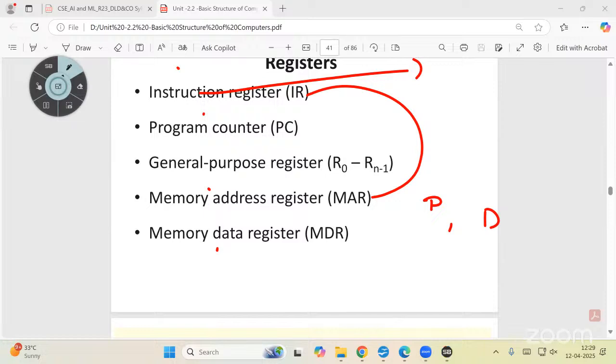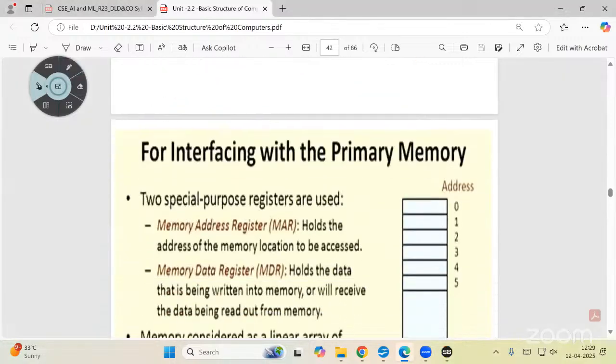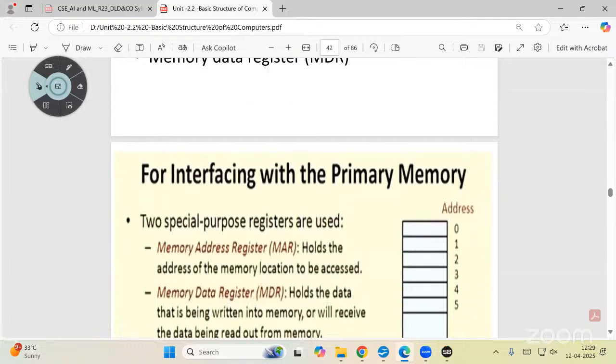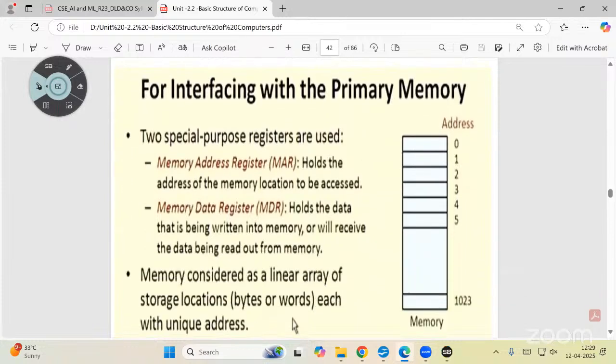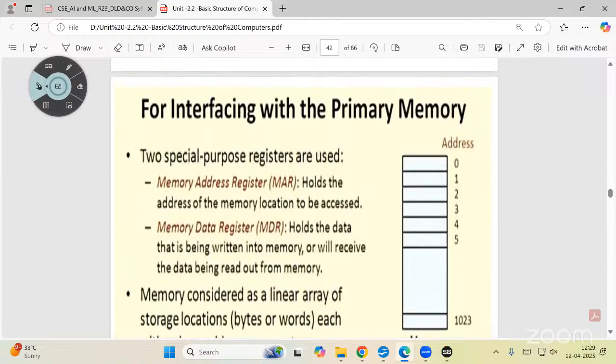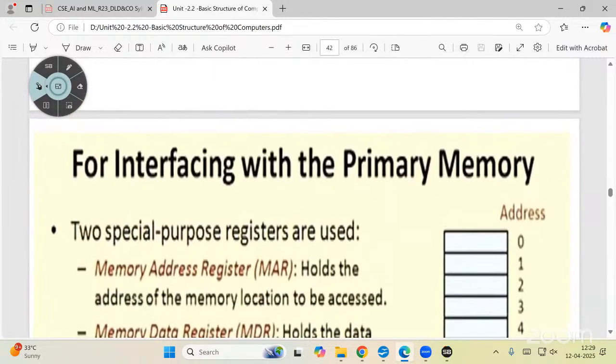The general purpose register is 8-bit or 16-bit, and the memory address register depends on the memory size. The memory data register depends on whether it is integer, float or double. There are different types of registers. Next, how we are using these memories and how we are accessing them, we'll discuss after lunch.